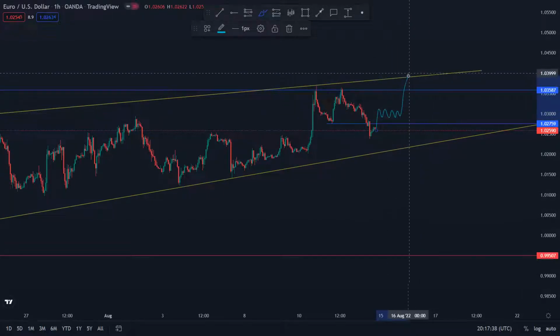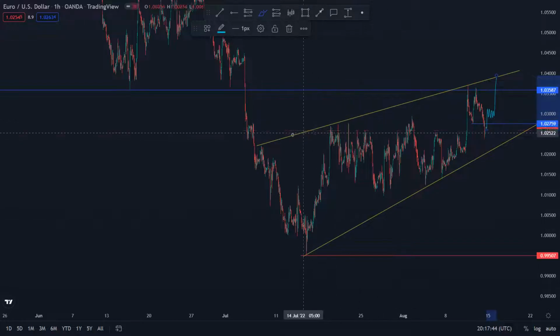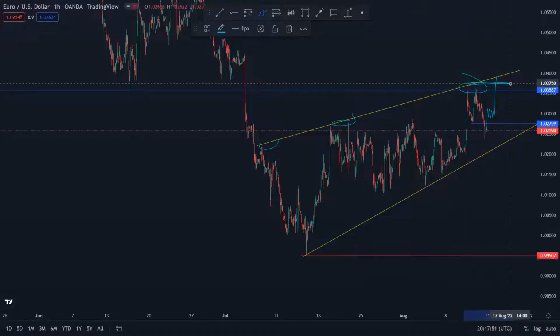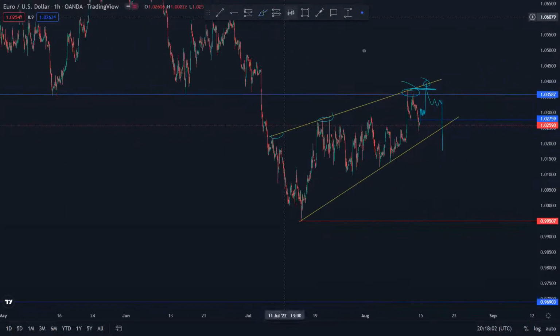Then we get to this level here. Then we'll get our third touch, our multiple touches confirmation. Then either we're looking for a double top for reversal, or looking at this level. We have to wait patiently for price to push back in and give us a tight flag again, so we can get more entries on US dollar.